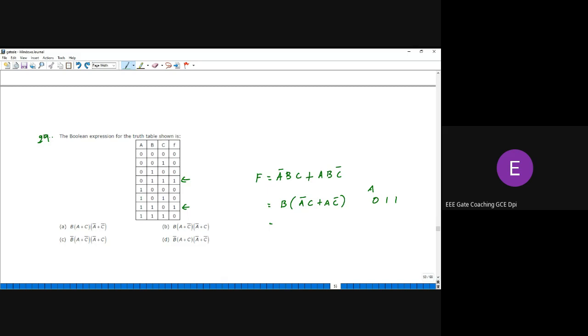So B is not your answer. So you can directly substitute and you can find the answer, right?